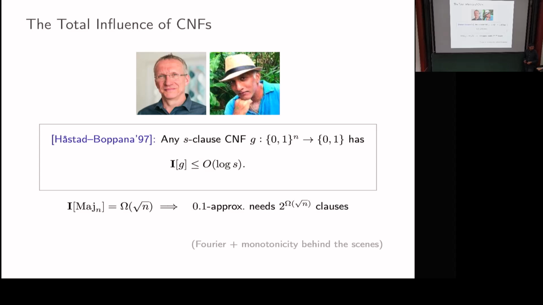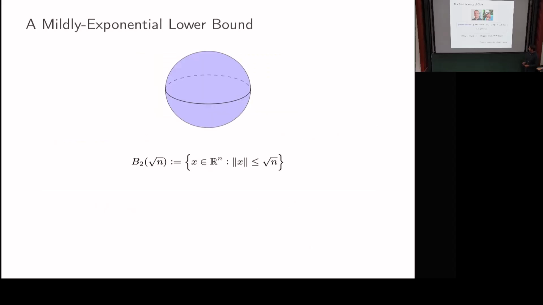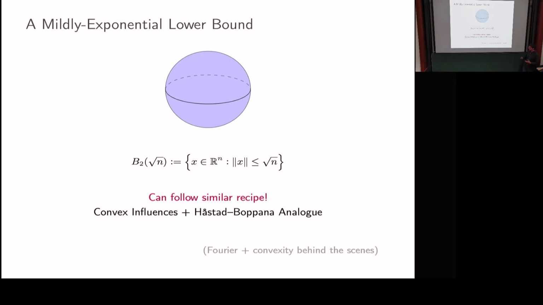And you can take the same template and execute it in the convex setting to get a mildly exponential lower bound for the L2 ball. So you take this notion of convex influence, which we talked about earlier, and you prove this Håstad-Boppana analog. In the Boolean setting, you prove it using the switching lemma, a very combinatorial proof.